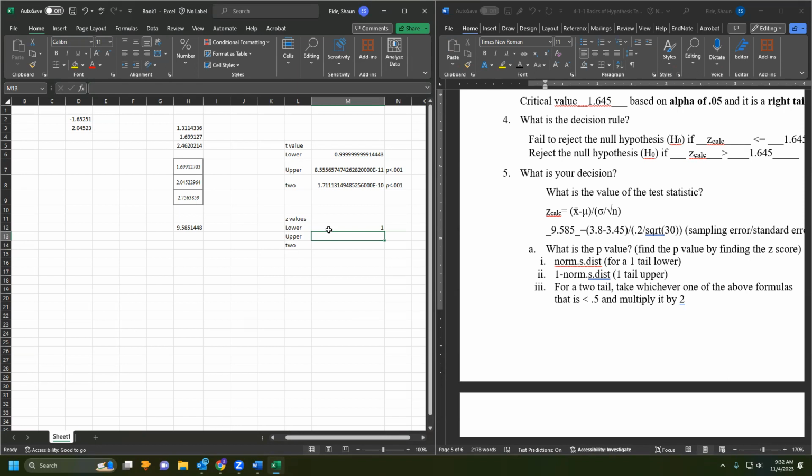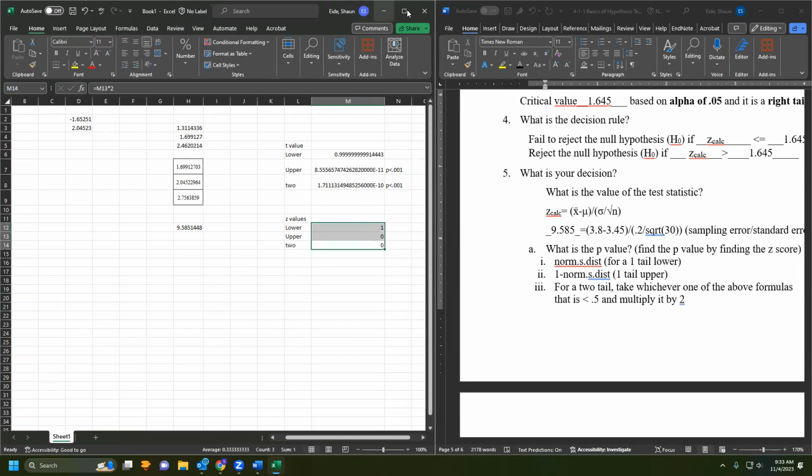Then we do equals 1 minus norm dot s dot dist, and you put the z-value again, 9.585, true. And then for the two-tailed test, you take whichever one of these two is less than 0.5, equals the upper multiplied by 2, and that's what you get.